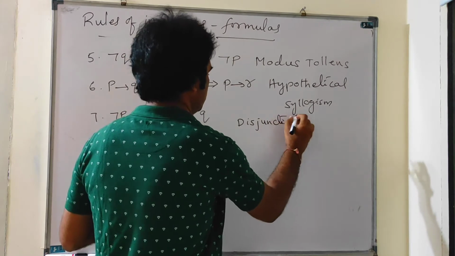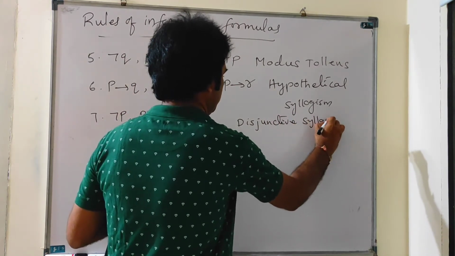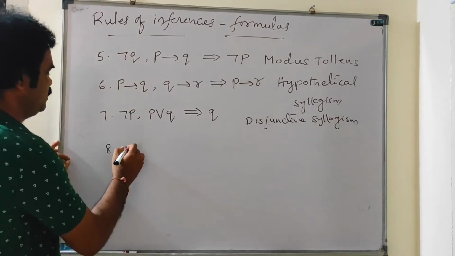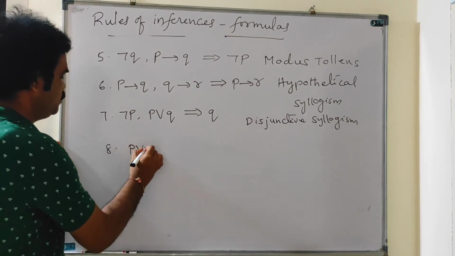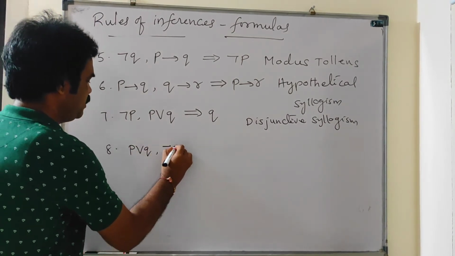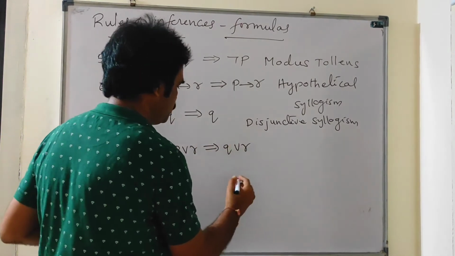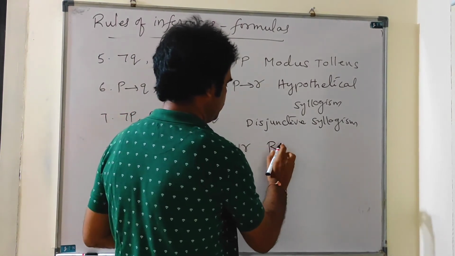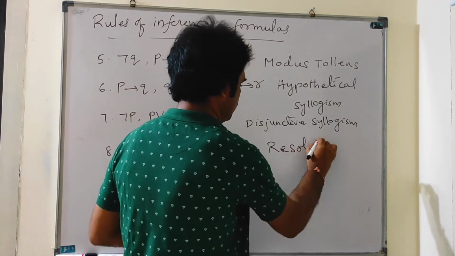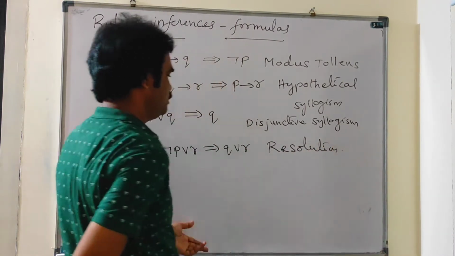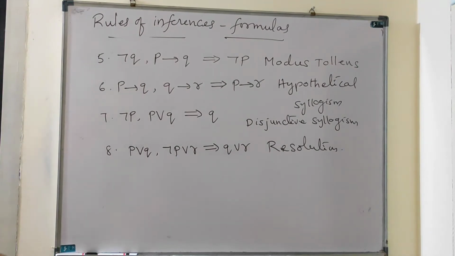Next, P or Q, negation P or R, imply Q or R. This rule is known as resolution. These are some rules of inference.